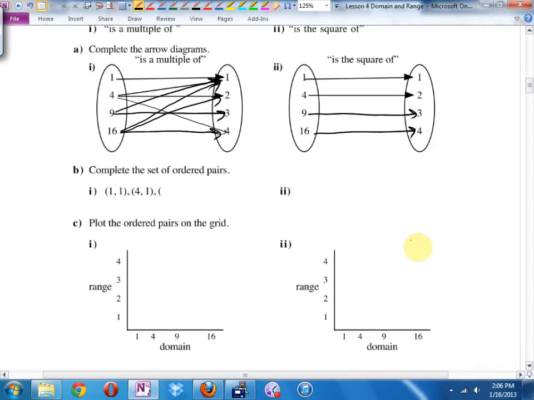It says complete the set of ordered pairs. So for the first one, I have 1 going with 1. Then I have 4 going with 1, 4 going with 2, and 4 going with 4. I have 9 going with 1, 9 going with 3.